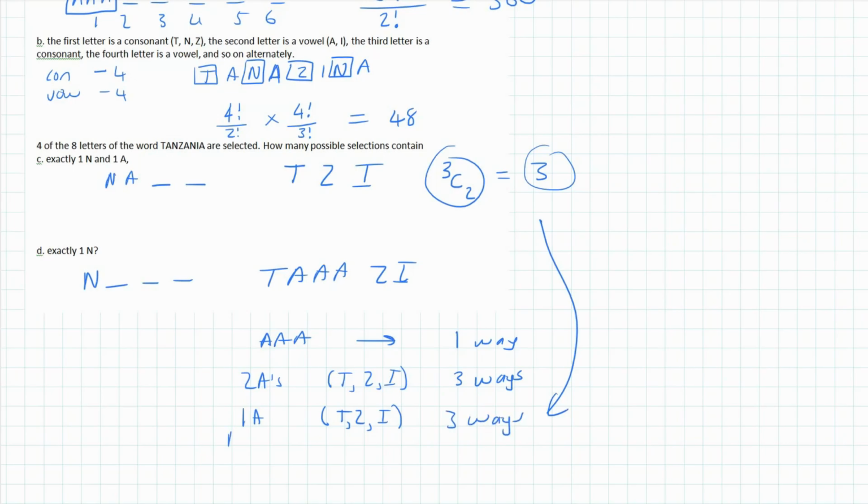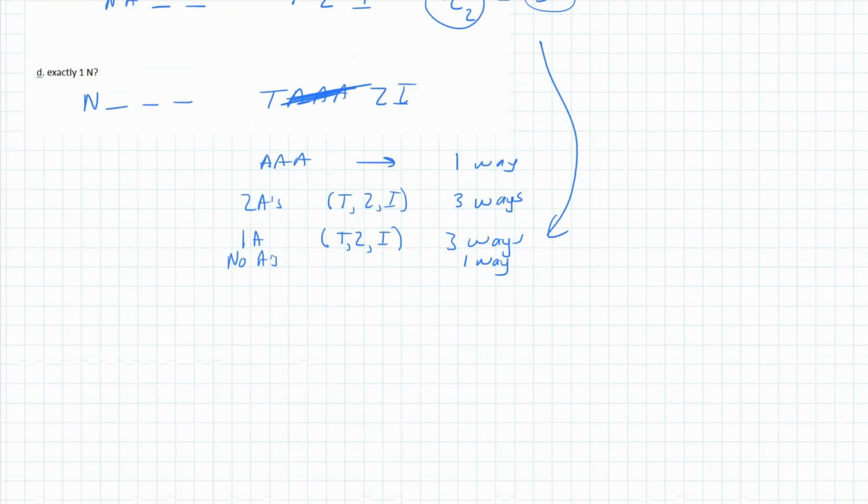And then no A's, and hopefully you can see if I've got no A's, I'm ignoring those ones there, that leaves me with the three letters. I have to choose all of those, so that would be 1 way. So altogether you can see that I've got 8 ways that I can have exactly 1 N.